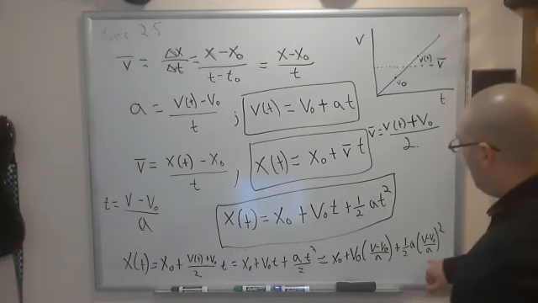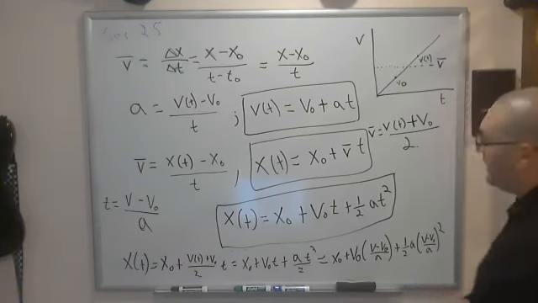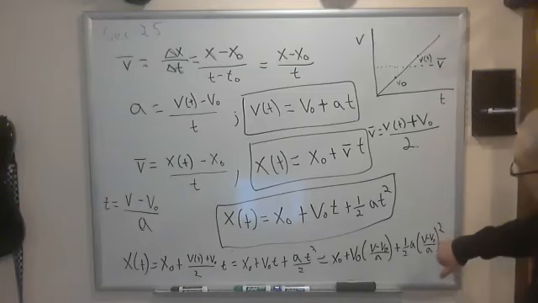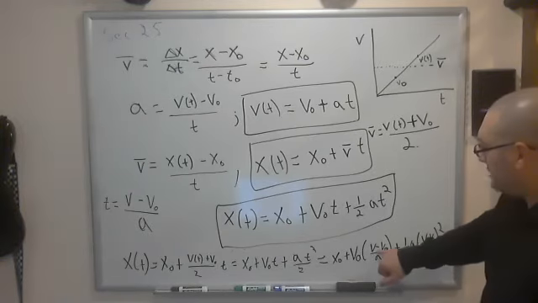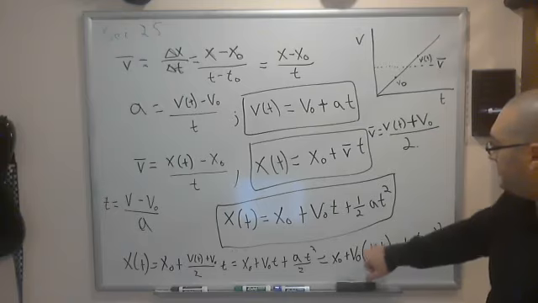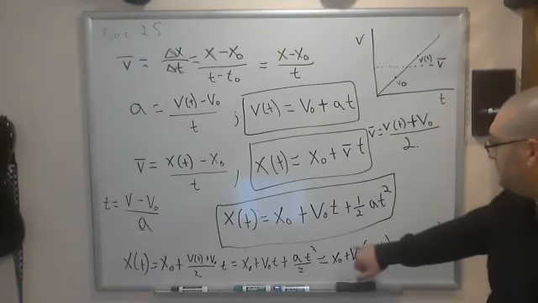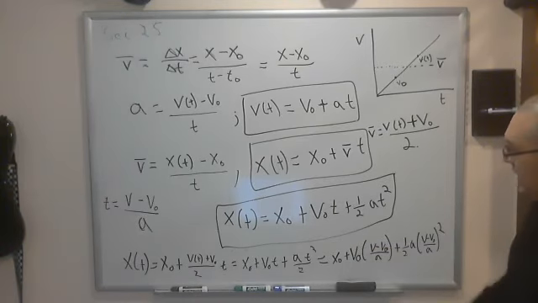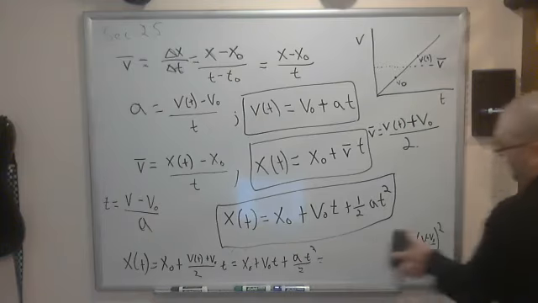And then when you expand this, because you'll have v naught over here, this will cancel out with this v squared over here if you look. And in the end, you'll get this function.